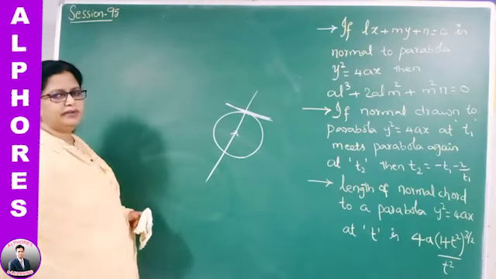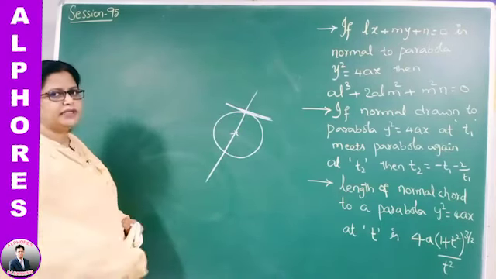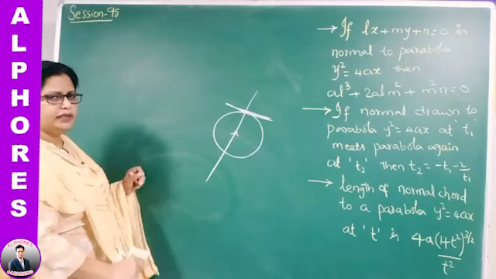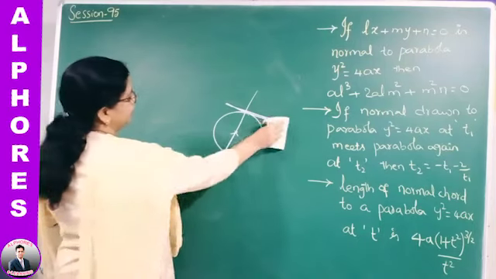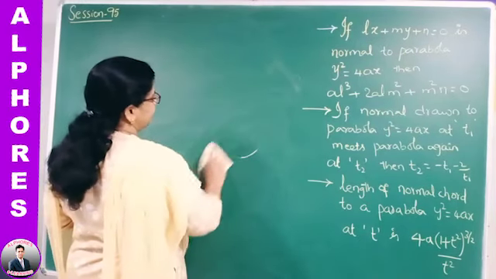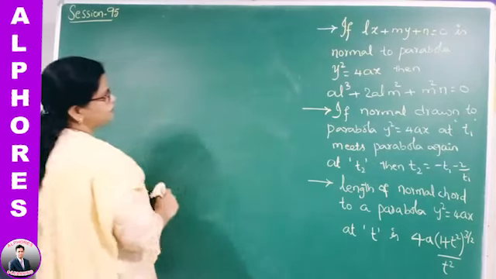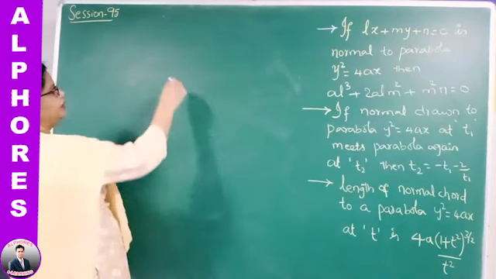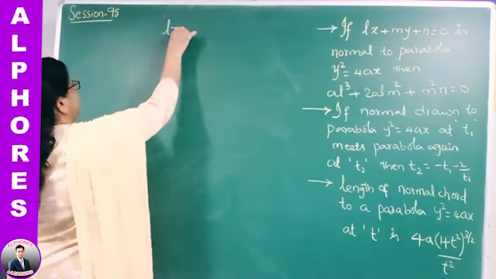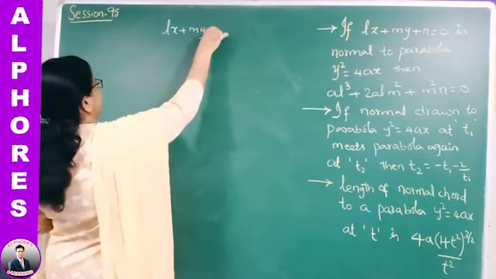Based on that concept we have done normal problems in circle. Whereas in parabola it is not the case, so you have to do it in some other way. So whenever a line is given, that is lx plus my plus n equal to 0.